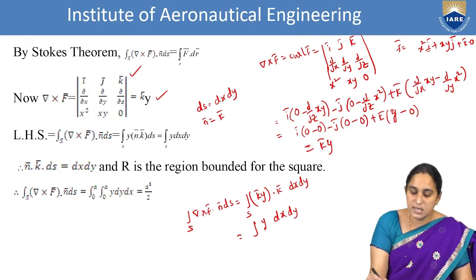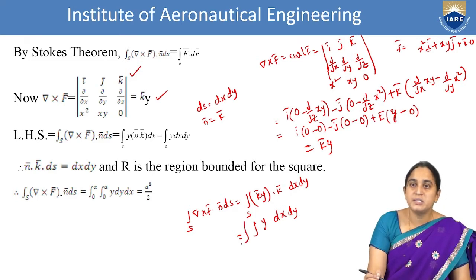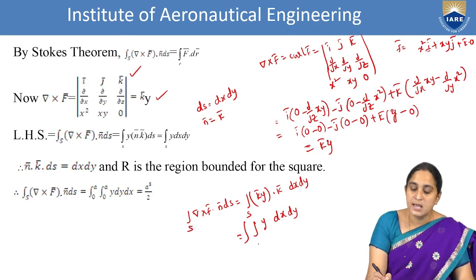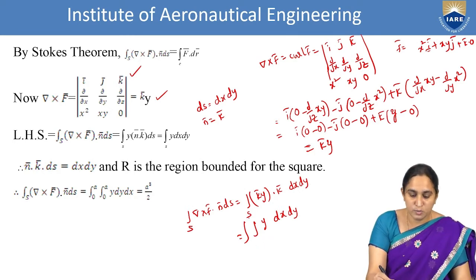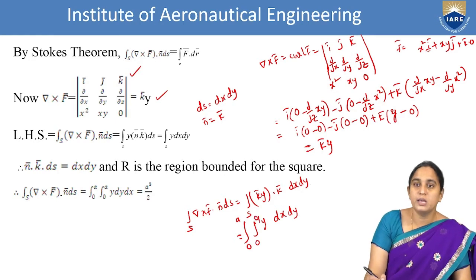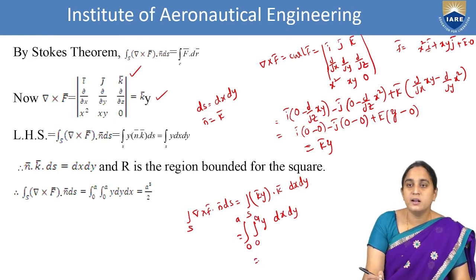For that case, the surface integral becomes a double integral, and ds is in the xy plane. What are the limits? Already discussed in the previous slide. X limits are 0 to a and y limits also 0 to a. Here we can integrate with respect to either y or x because both limits are the same.